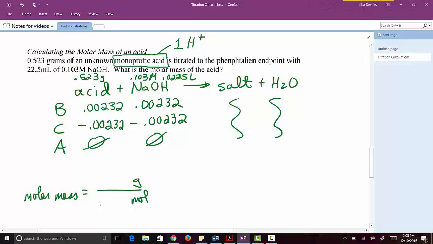So there's my moles, 0.00232 moles, and then 0.523 is my grams, 0.523 divided by 0.00232. So I get a molar mass of 225.4, and that's grams per mole for the molar mass of the acid.